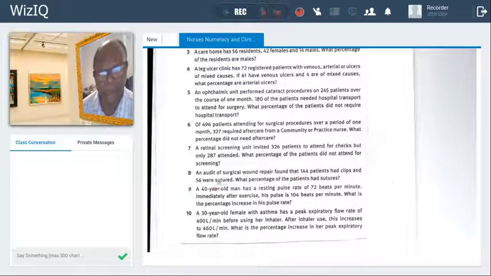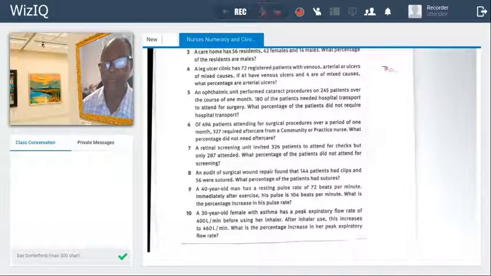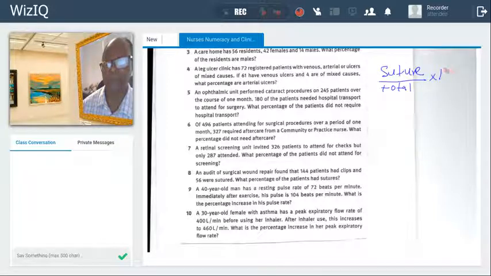Okay, so question 8. An audit of surgical wound repair found that 144 patients had clips and 56 were sutured. What percentage of the patients had sutures? Okay, so we have sutured divided by total, multiply this by 100. Okay, so the answer is going to be a percentage.